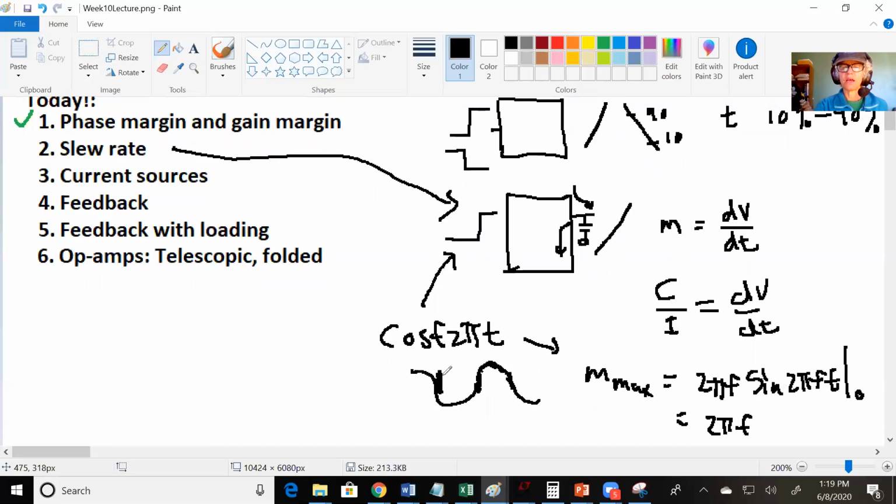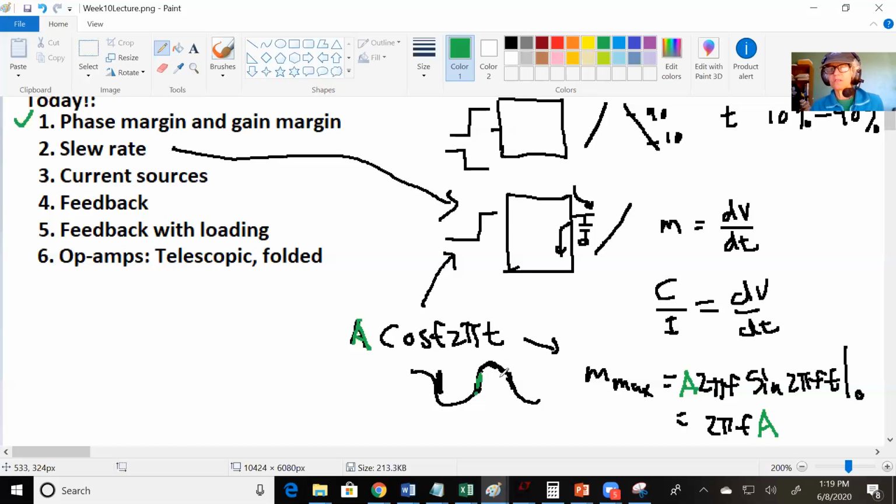So the maximum slope here is actually 2 pi f. Oh, I forgot amplitude. Sorry, y'all. So I'll do this in a different color, just because it's an update. You have an amplitude here, and this is the steepest slope of your cosine.